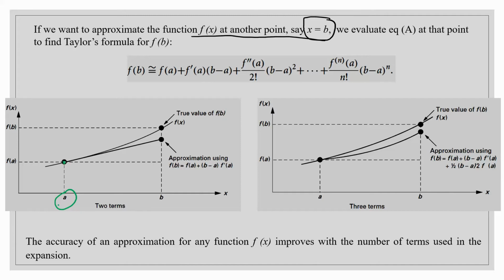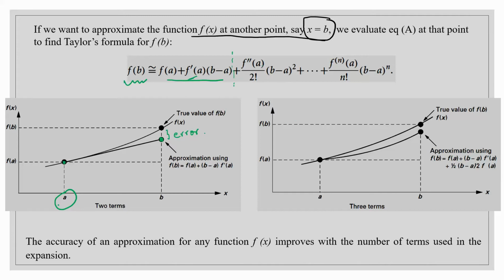But as we move away from this point and want to approximate the value near x is equal to b, if I cut my Taylor formula over here, that is, I do a linear approximation considering just two terms, my approximated value will be over here and this is the true value. So this much is my error, which comes from approximating the function f(x) at x is equal to b.